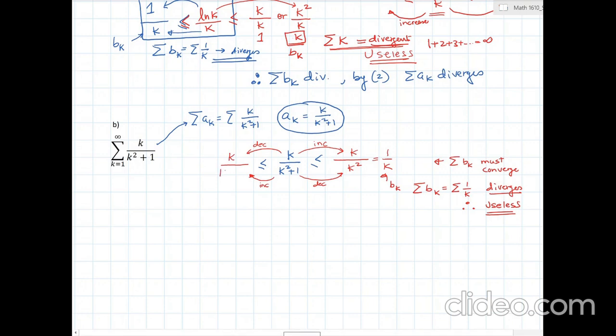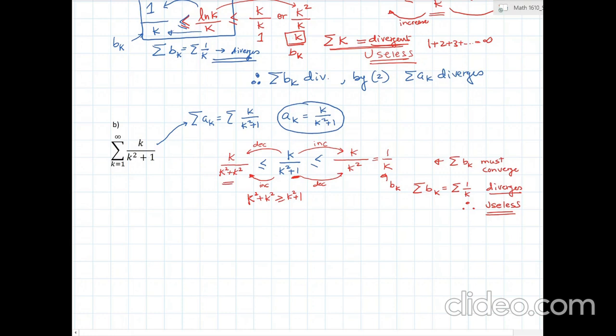So I have k squared, but now instead of adding 1, I'm going to put k squared there. So k squared plus k squared is definitely larger than k squared plus 1. So that means I was able to decrease this.